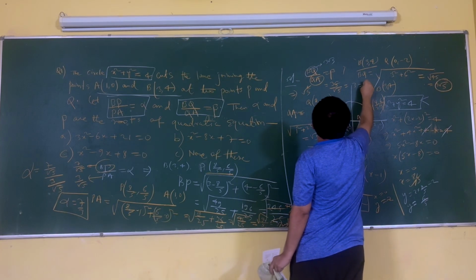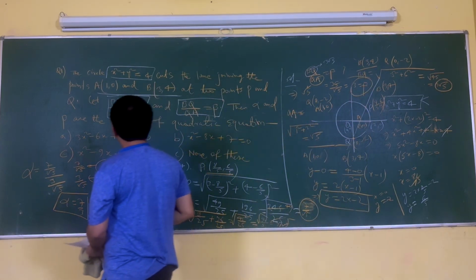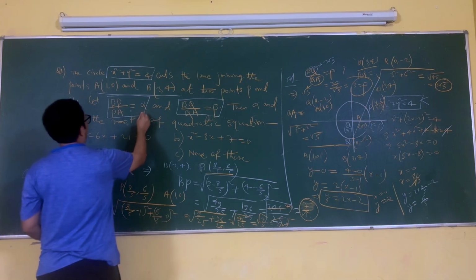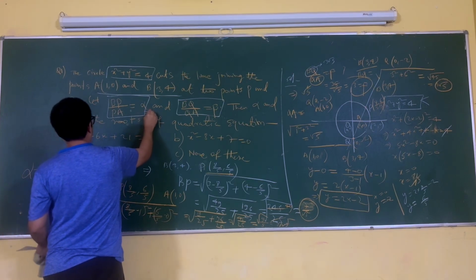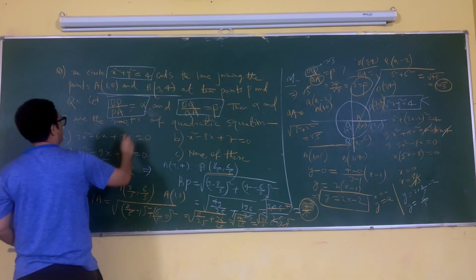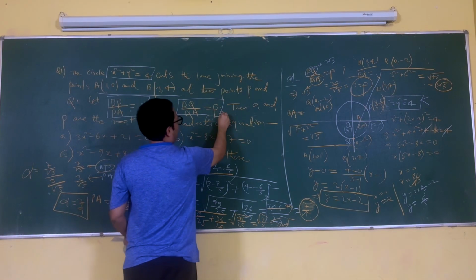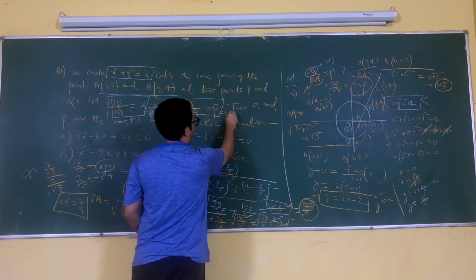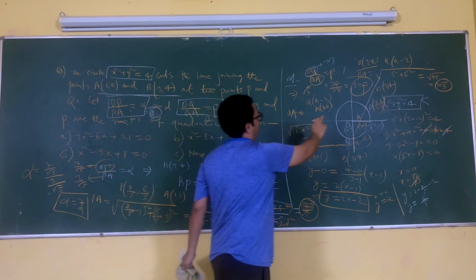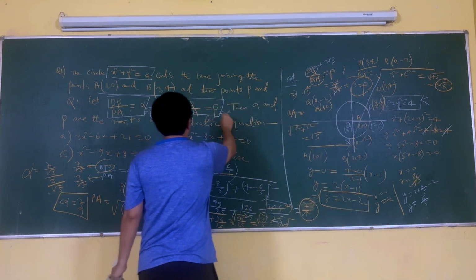So 3. So that is equal to beta. So beta is equal to 3 and alpha is equal to 7 upon 3. Root 5 cancels, so you are getting here 3.